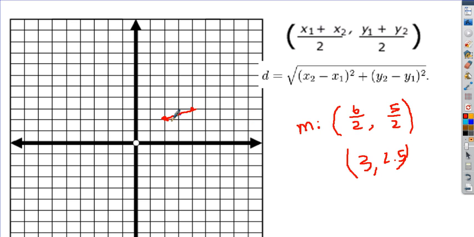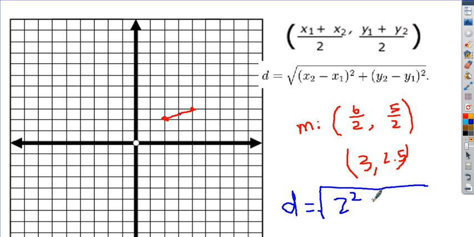Now, if you wanted to find the distance of that line right there, we would again use the same ordered pairs, 2, 2, and 4, 3, I'm sorry, and we're going to plug them into this formula. So the distance equals, we need everything under the square root. If we take the x values, subtract them. So we have a 4 here, and we have a 2 here. 4 minus 2 is 2, and we want to square it.